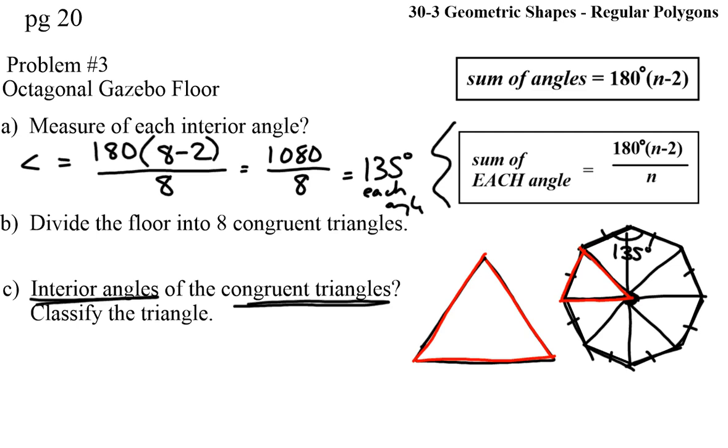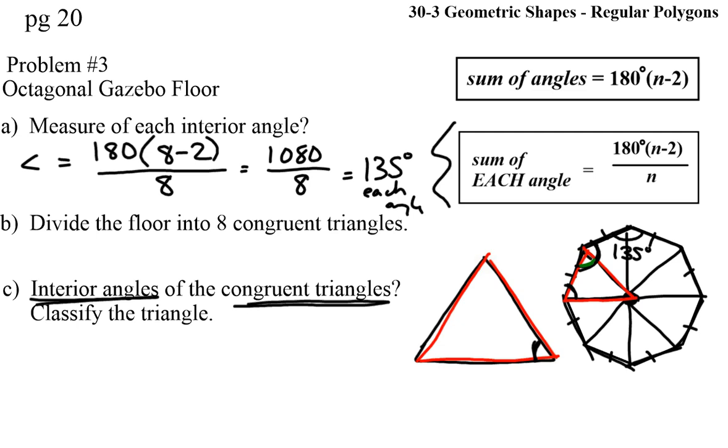Well, this angle here matches up here. I took it out. I don't know if this will work. It's going to stay together, unfortunately. But I could take that one and put it on top. What we hopefully see is that this is half of the 135 degrees.